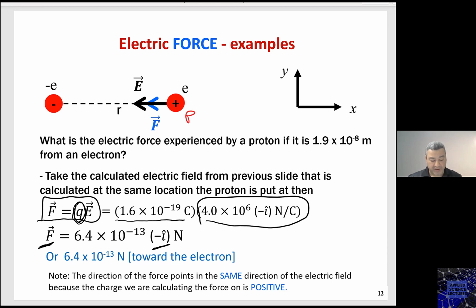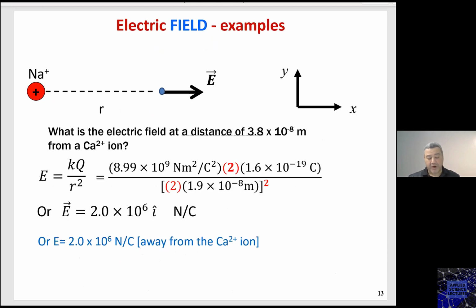Now let's look at a positive charge. For the case of the positive charge, I know that the electric field will be pointing away. In this case, if this is my location P, and I am interested in finding the electric field right at the point P that is r away from the charge, then the electric field will be pointing away also.